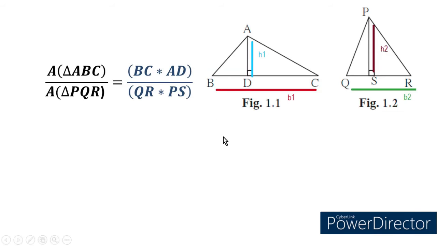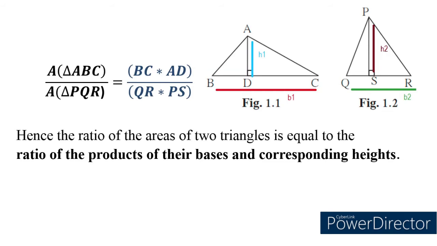As per this diagram, we represented the additional symbols: B1 as the base of triangle ABC, H1 as the height of triangle ABC. Similarly, B2 is the base of triangle PQR and the height is H2.